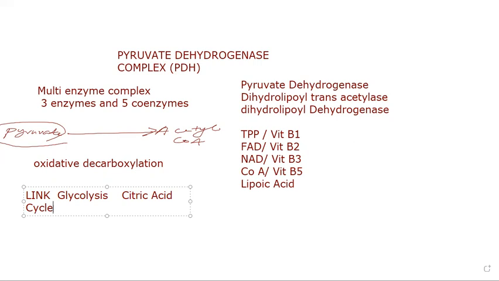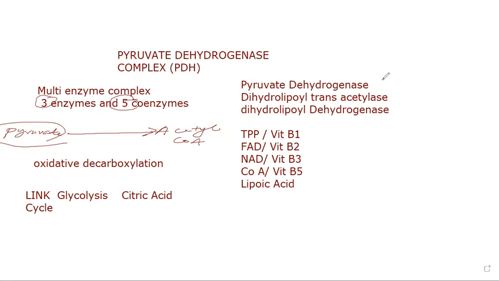Now we can see what are the components of this multi-enzyme complex PDH. There are 3 enzymes and 5 coenzymes in this PDH.